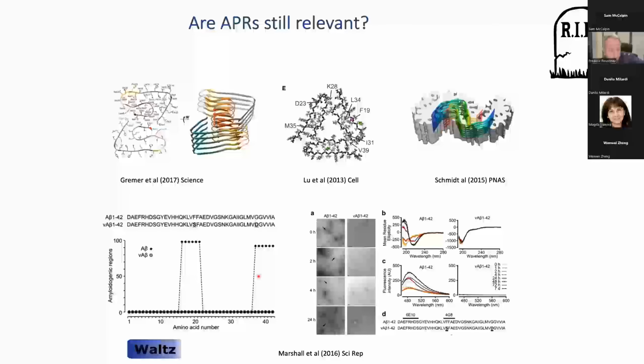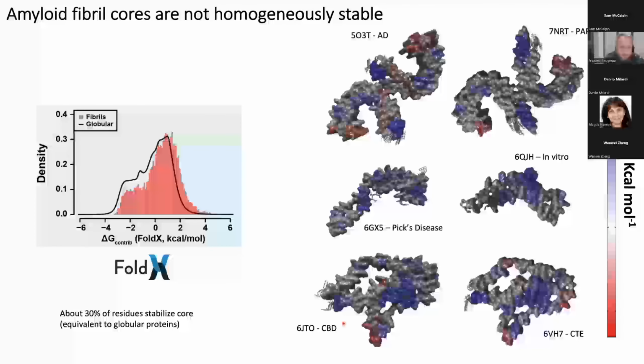Just by those two mutants, you can entirely abrogate the assembly of A-beta. So indeed, those regions still are crucial, at least for the kinetics of assembly.